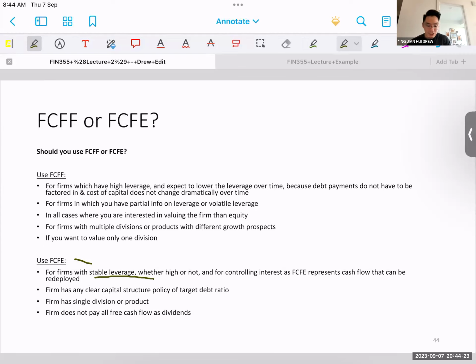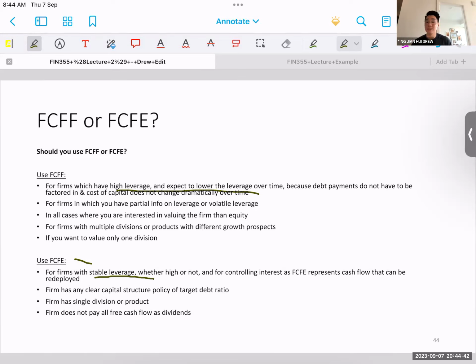But if the leverage changes over time, for example, a startup firm or a firm in a new industry, where things keep on changing, things in the form of leverage keep on changing, then we shouldn't use the FCFE. We should use the FCFF, right?